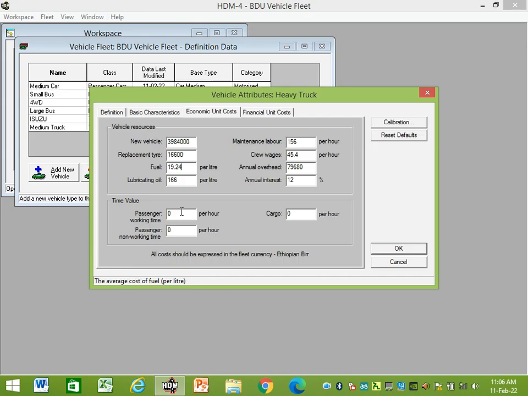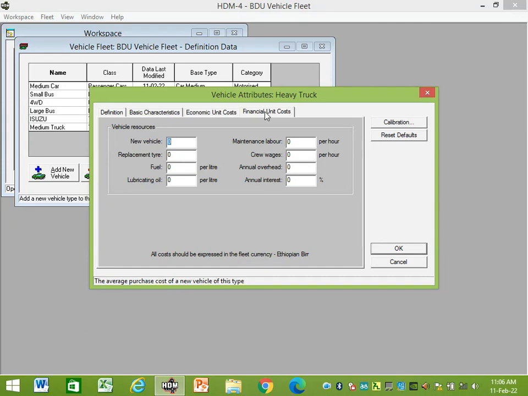Lubricating oil 166, maintenance labor 156. That's the economic. Crew wages 45.4. Annual overhead 79,680, interest 12%. Okay? It's okay?